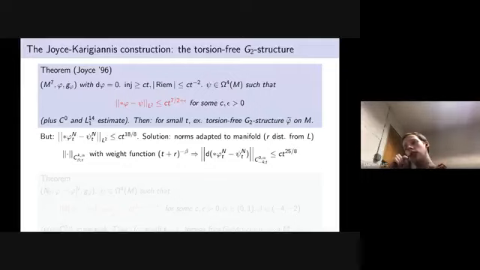You can see this is very much adapted to the manifold, because this function r doesn't really make sense on a general G2 manifold. That's a special thing for this Joyce-Karigiannis situation.